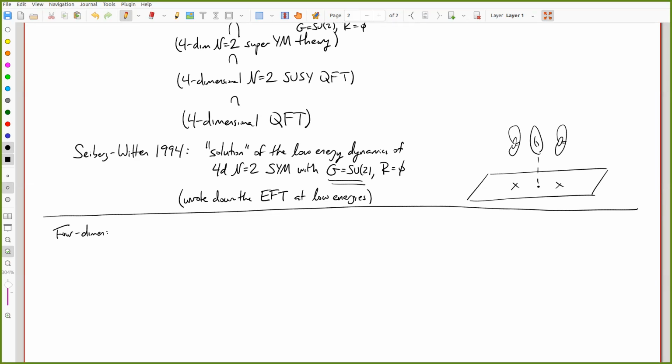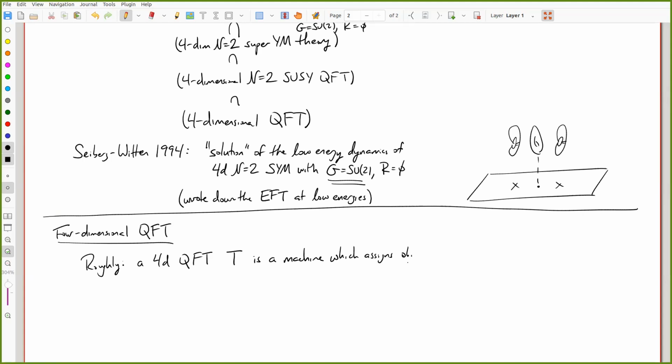As I say, I regrettably can't completely define what a four-dimensional quantum field theory is, but very roughly, a 4D QFT, I'll call it T, is a very sophisticated machine which assigns objects, invariants, to manifolds of dimensions less than or equal to 4.